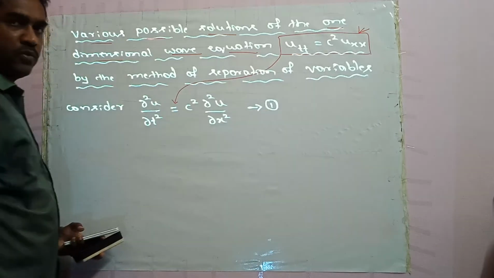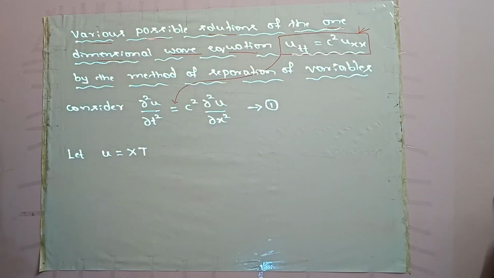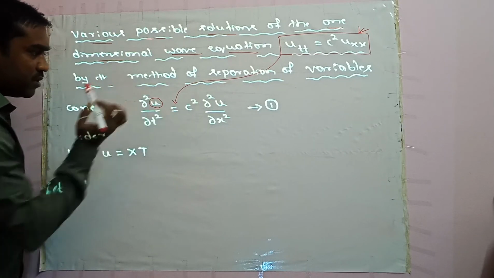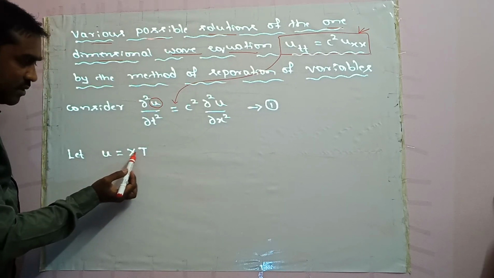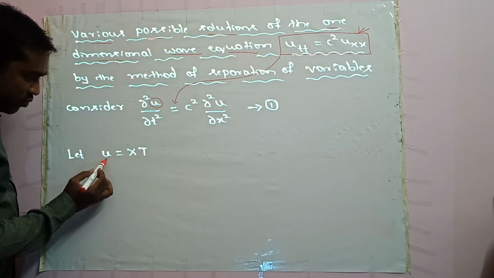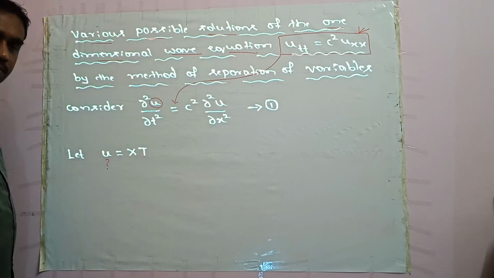Call it equation number 1. Now let us consider this u as X into T. That is what we are going to find as a solution.